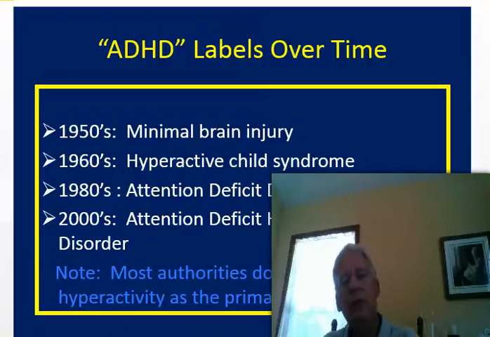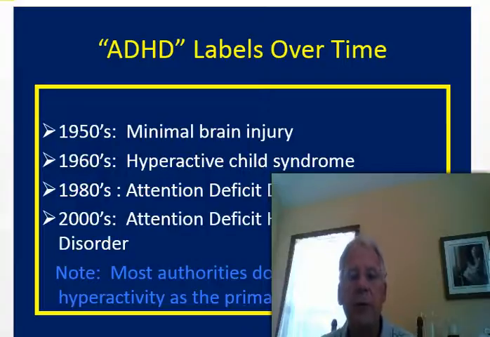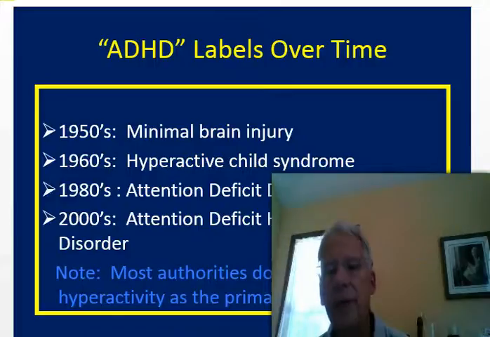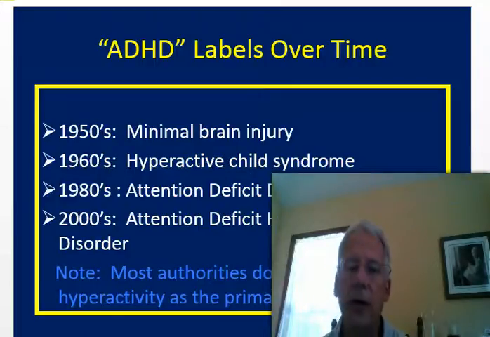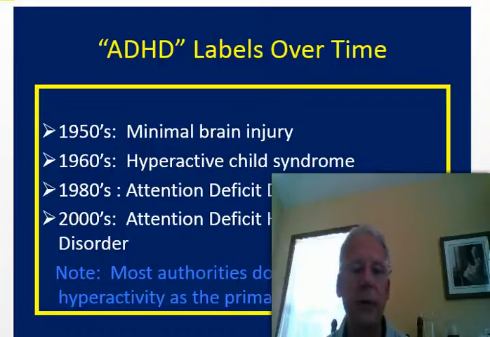Beyond the history of ADHD, or the history of any disorder, it's important to take a look at the label. Hopefully you've picked up by now that when you're working in the area of disabilities, labels become a very big part. The language becomes a very big part of communicating information about the disability.